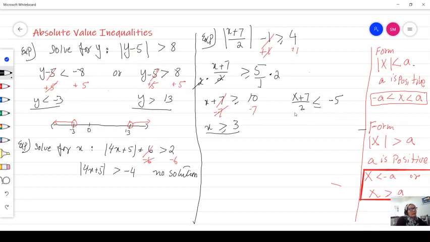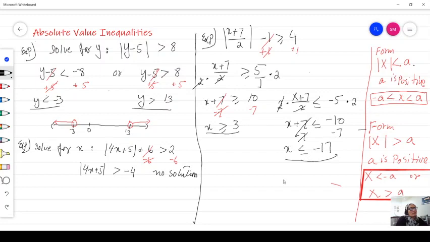Now let's solve that. Again, we multiply 2 both sides because we have to clear the fractions. That's the first step. Then I'm left with x plus 7 less equal -10. Now again, combine the like terms. If we combine like terms, we subtract 7 both sides. Then it will be x less equal -17.